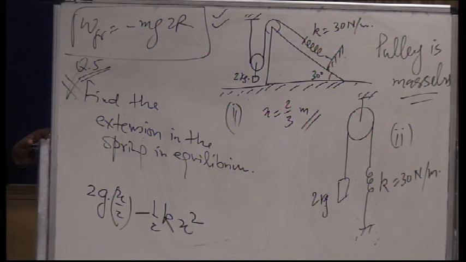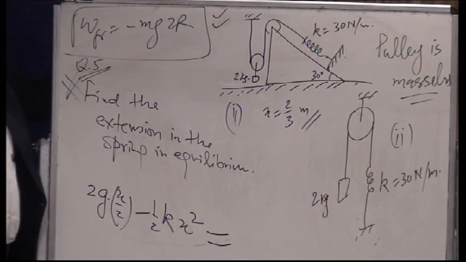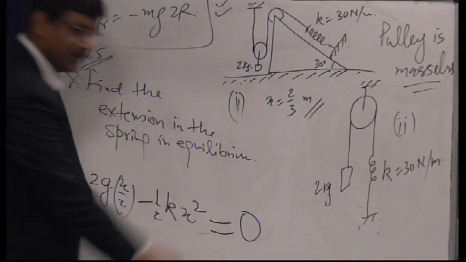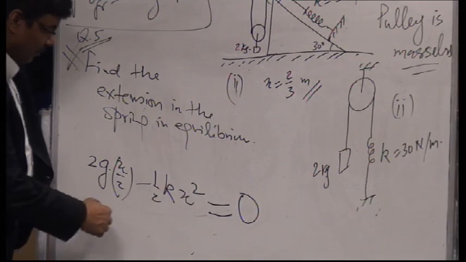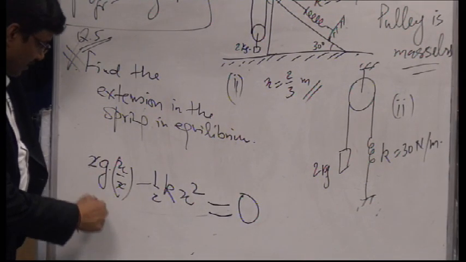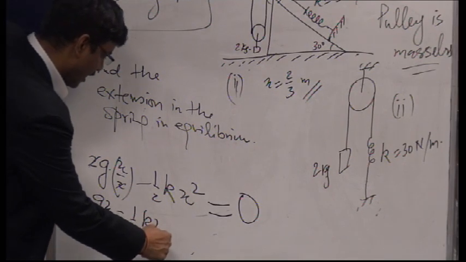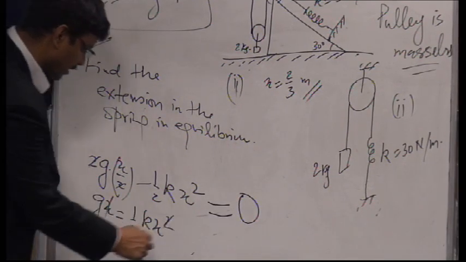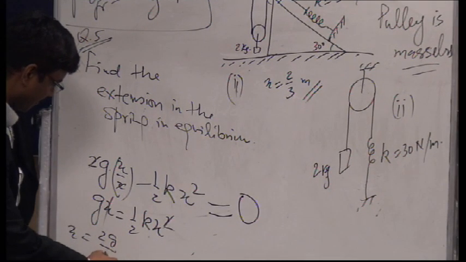Work done is equal to zero. इस तरफ ले जाओ, 2 से 2 कट गया. g x is equal to half k x squared, x x cancel, and therefore x is equal to twice g by k.